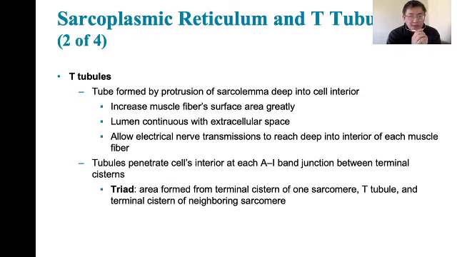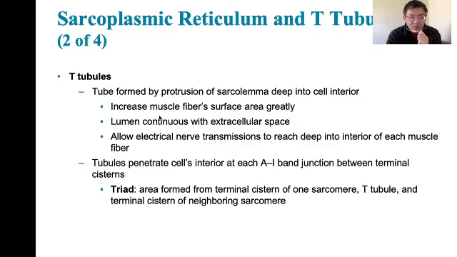Now let's talk about the sarcoplasmic reticulum and the T-tubule. T here means transverse tubule. So the T-tubule actually is formed by the protrusion of sarcolemma deep into the cell interior of the muscle fiber.